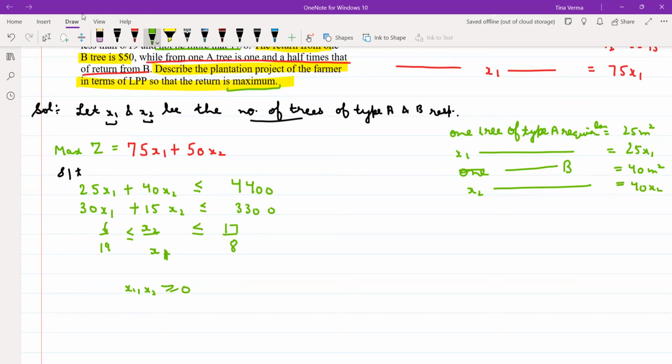When you solve this problem, the answers x1 and x2 can also come out as decimals, but can the number of trees be decimal? So here x1 and x2 must also be integers. Is it clear? Okay, thank you.